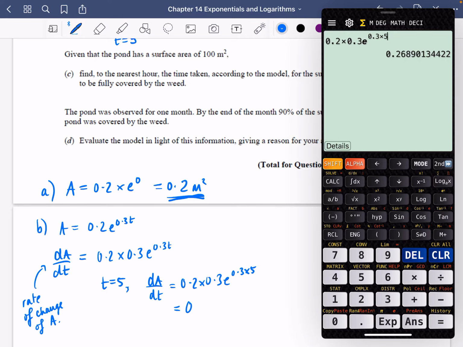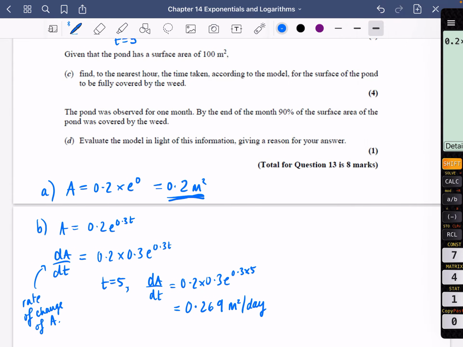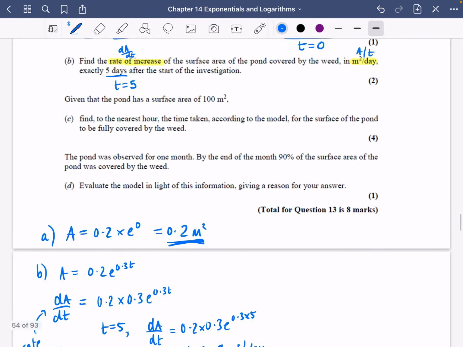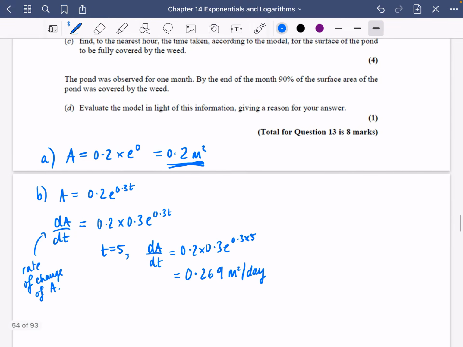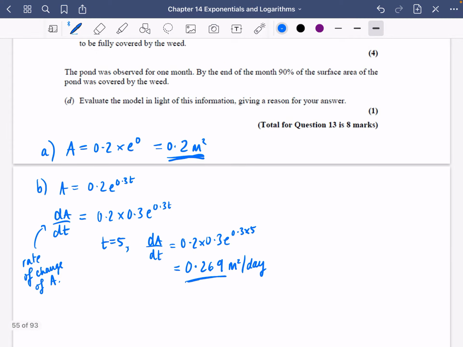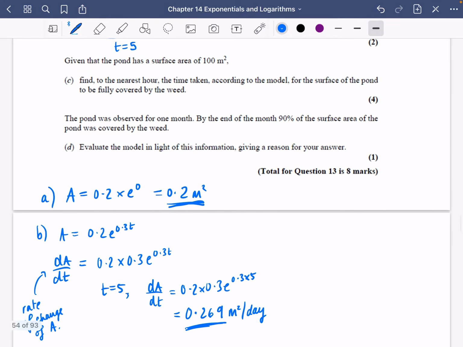So we get 0.269 meters squared per day. Let's check that's right. Yep, so we've got meters squared per day 5 days afterwards. So it means after 5 days, it is growing at a rate of nearly 0.27 meters squared per day. And that's going to be faster than when it first started.